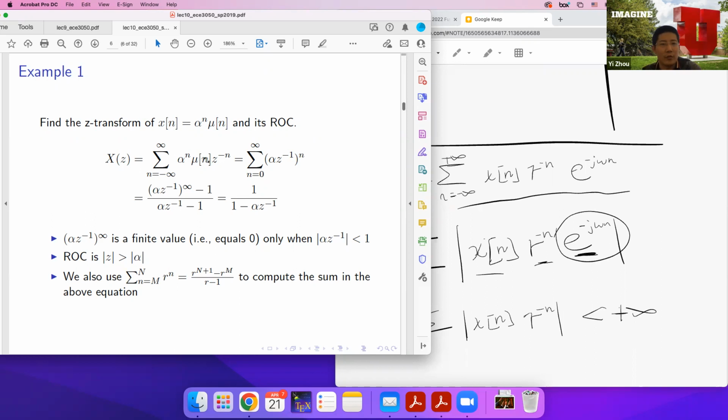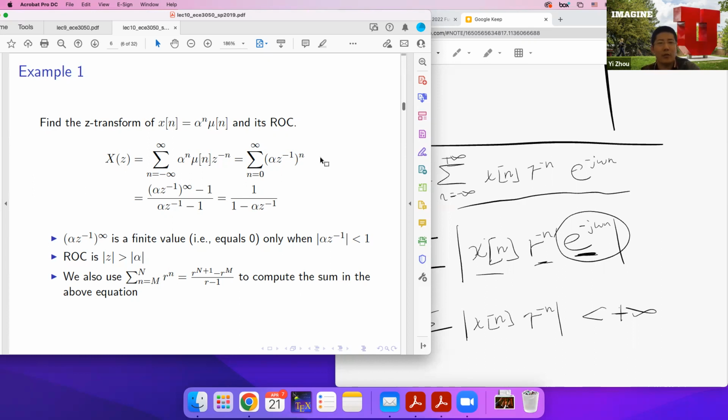So this is the signal times z to the power of negative n, taking the summation. And because of this u[n], we can combine it with the summation, so that we just need to start with 0 to infinity. Okay, and this alpha to the power of n and z to the power of negative n, we can combine them together. So it's alpha divided by z, to the power of n.